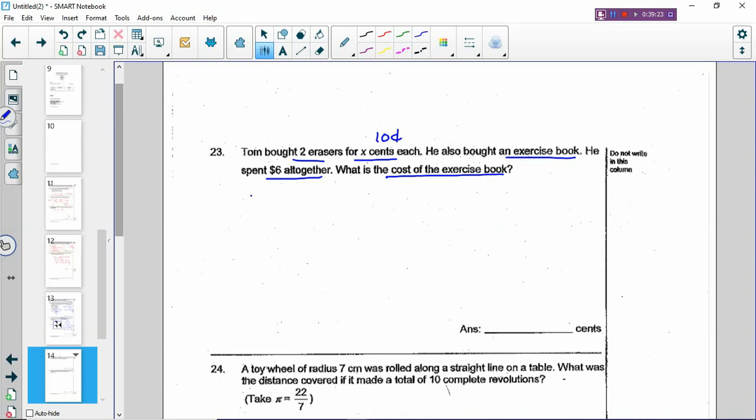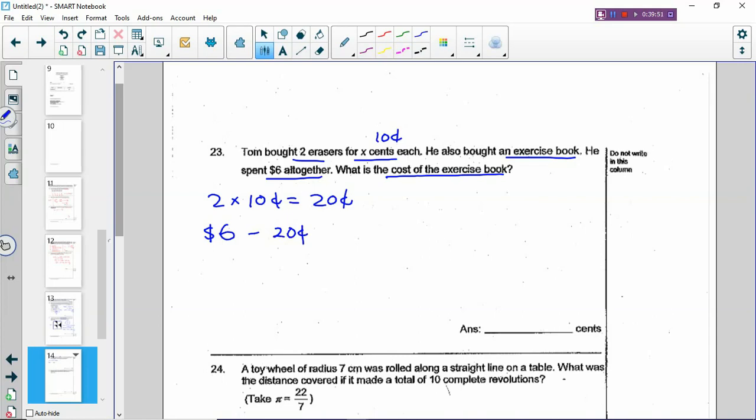You have to find how much is 2 erasers. So you take 2 times 10 cents, and the cost of 2 erasers will be 20 cents. And then he spent $6 altogether. So how much is the exercise book? You take $6, which is all the money he spends, and then you minus away how much is the eraser, and that will give you the exercise book.